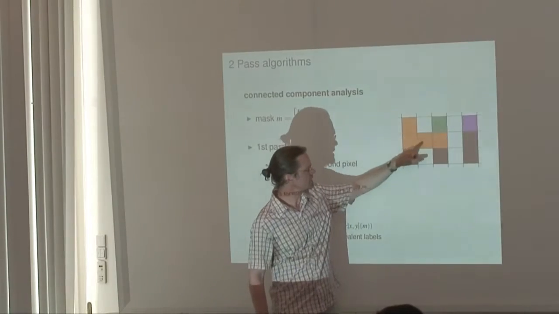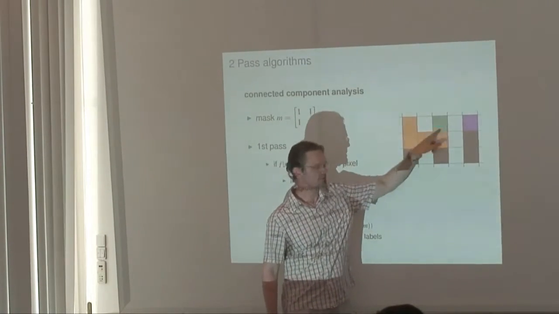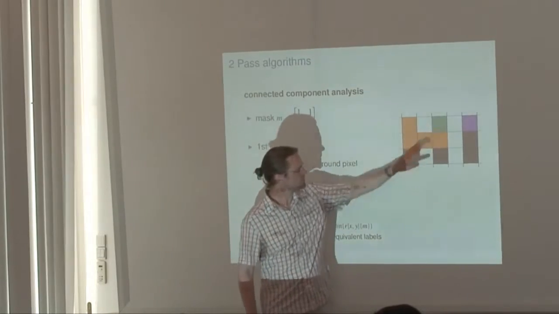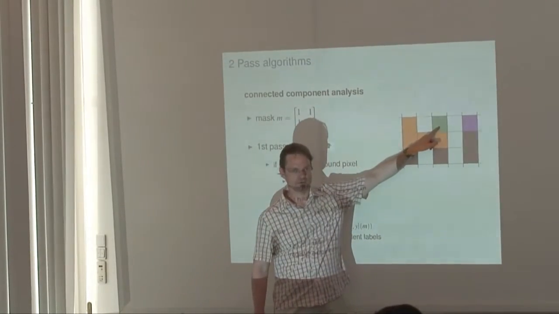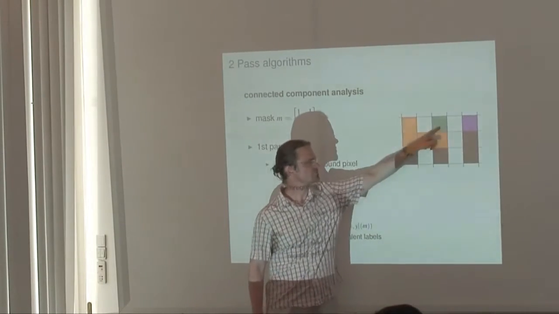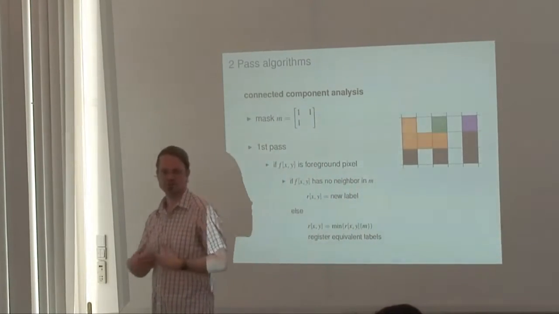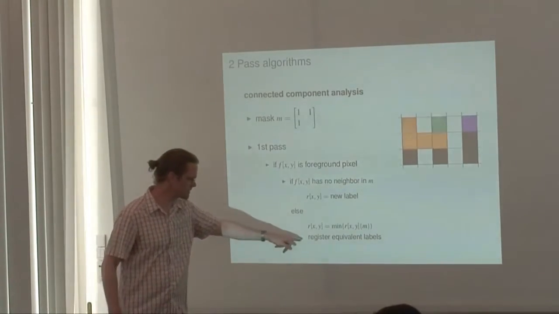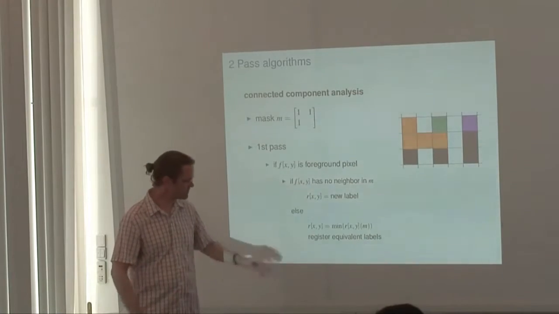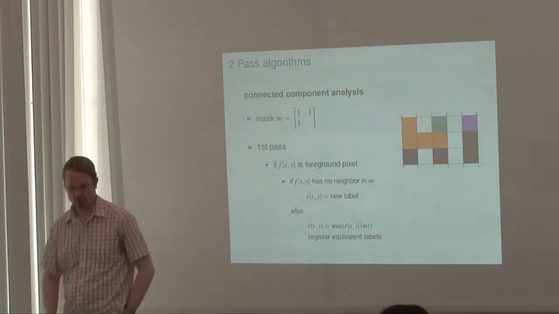That is to say there is a topological connection between this and this one. And so we couldn't know this when we were here. Now we know that. But that tells us that label 1 and 2 should actually be the same. And we register that in some appropriate data structure, say some dictionary. Right? We register the equivalence relation.